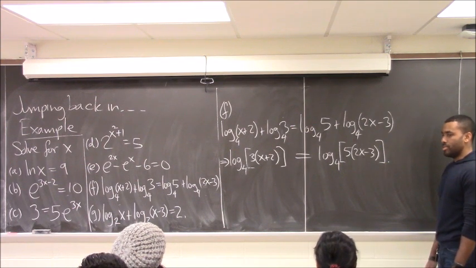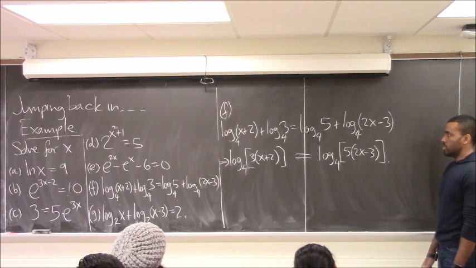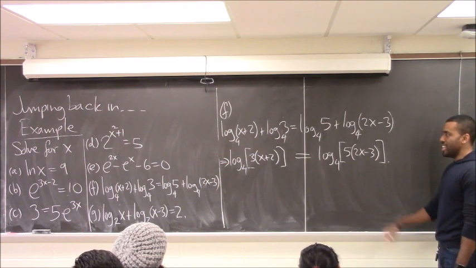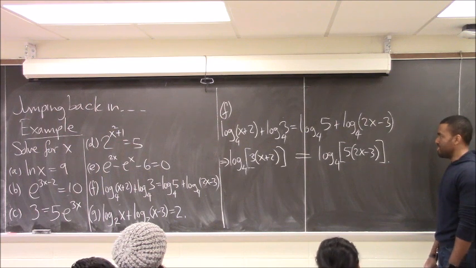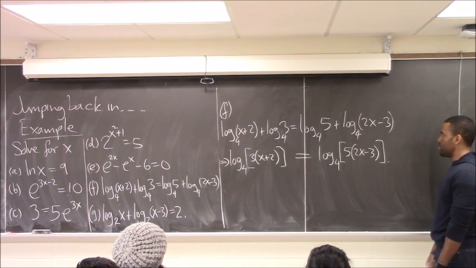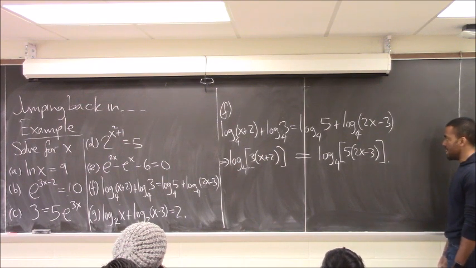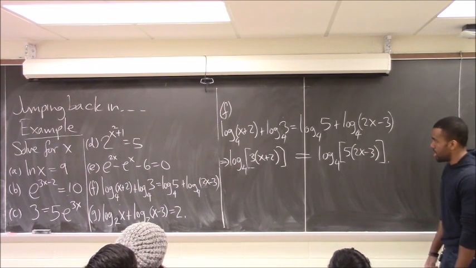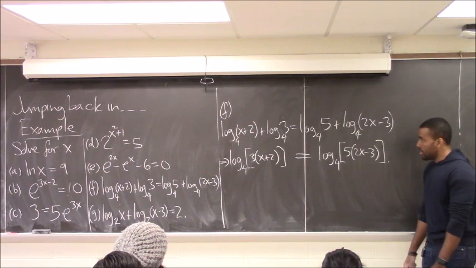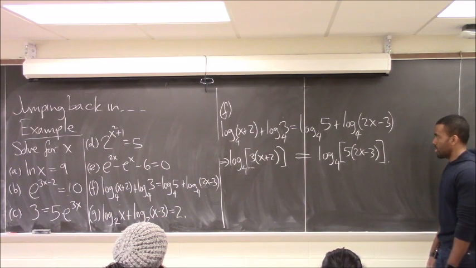There's an easier way. Because if you do that, eventually you're going to have to deal with this division, right? You're going to eventually have to deal with the 3x plus 2 divided by 5 times 2x minus 3, which in and of itself isn't going to be fun. So I'm not going to want to introduce a division. But those logs are pretty annoying.